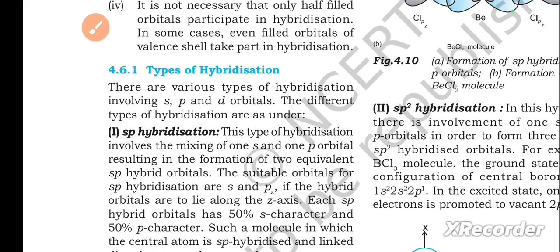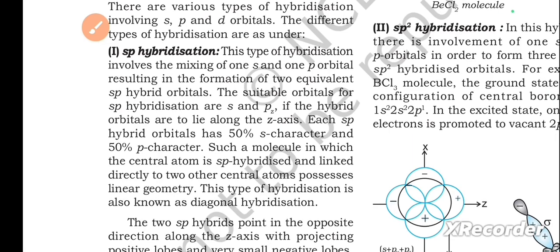Next, types of hybridization. There are various types of hybridization involving s, p and d orbitals. The different types of hybridization are as under. First one, sp hybridization. This type of hybridization involves the mixing of one s and one p orbital, resulting in the formation of two equivalent sp hybrid orbitals.